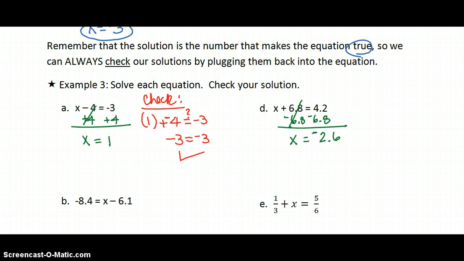And I need to check. So I'll say negative 2.6 in place of x plus 6.8. Does that equal 4.2? And since they're opposite signs, I'll subtract: 6 from 8 is 2, 2 from 6 is 4, and the larger sign is positive, and I have a positive 4.2, so it does check out.